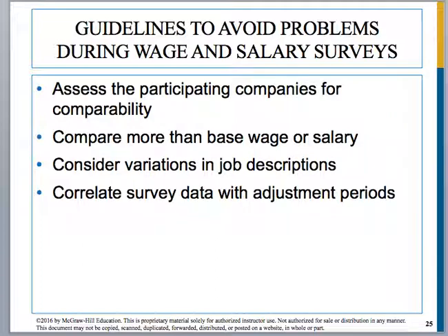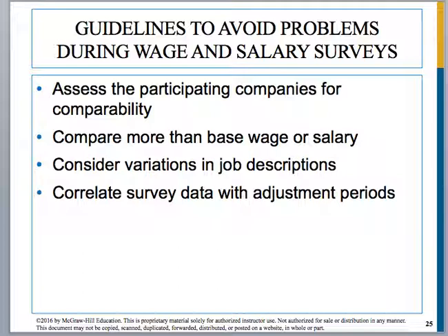Now, here's how you avoid problems during wage salary surveys. Assess the participating companies for comparability. Not only should factors such as size and type of business be considered, but you also have to consider intangibles such as prestige of the organization, security, growth, opportunity, and location.